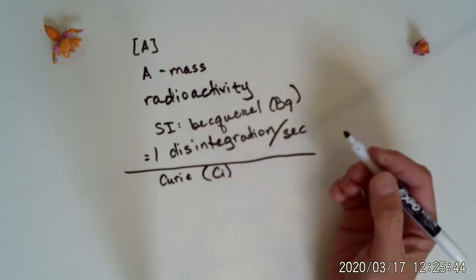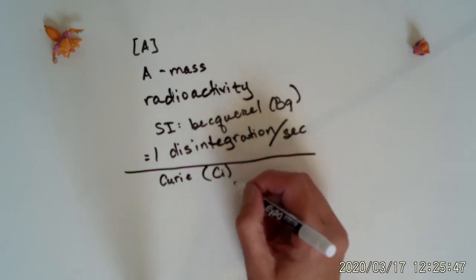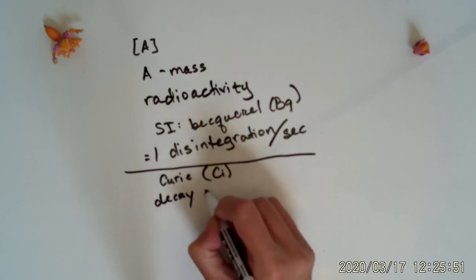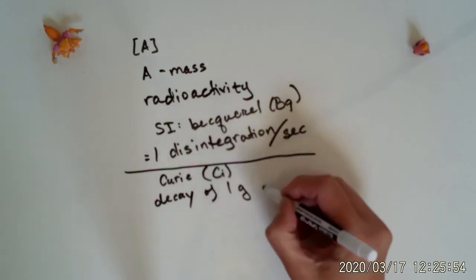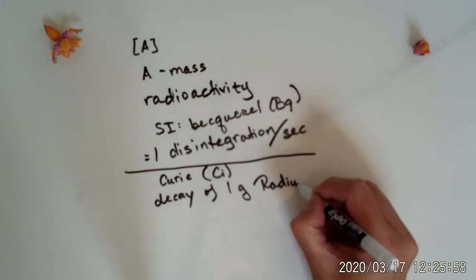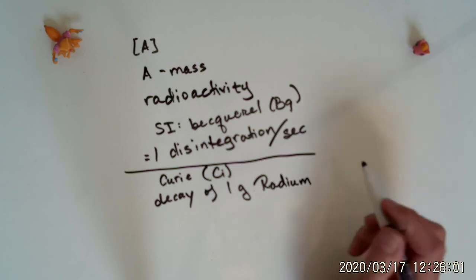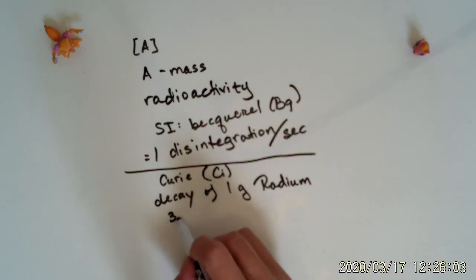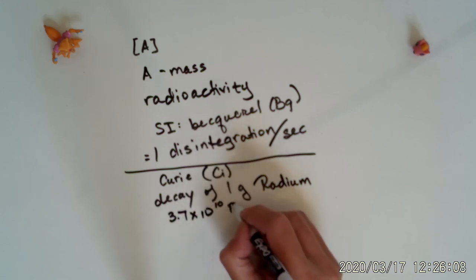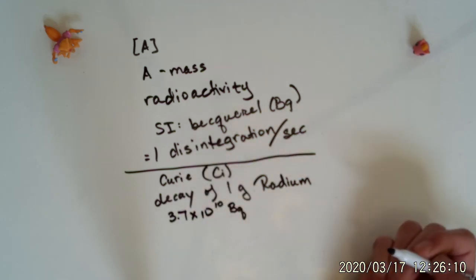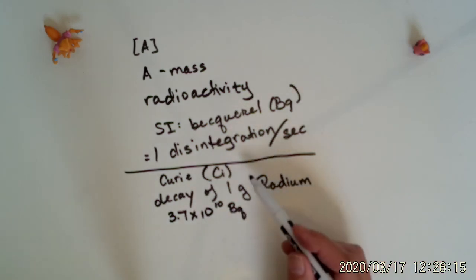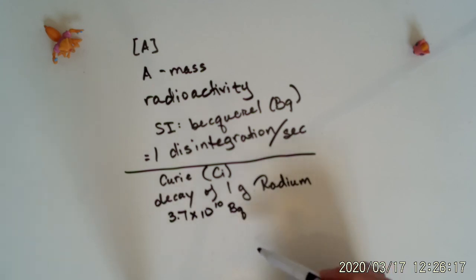The abbreviation is Ci. This is basically the decay of 1 gram of radium, which is 3.7 times 10 to the 10th becquerels. So you can convert between curies and becquerels.